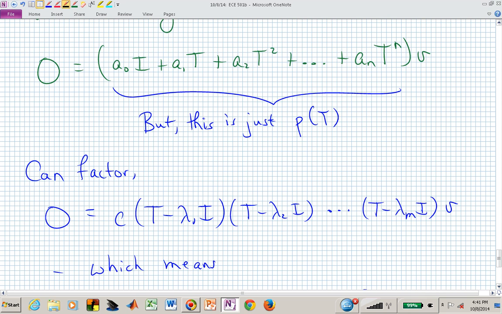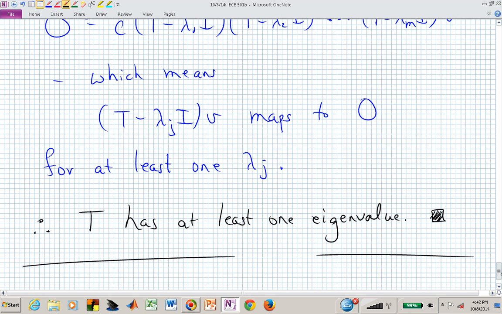And if that right-hand side is equal to 0, then one of those factors times v has to be 0. At least one of those. And that now says that we can find an eigenvalue when we're dealing with an operator on a finite dimensional complex vector space.